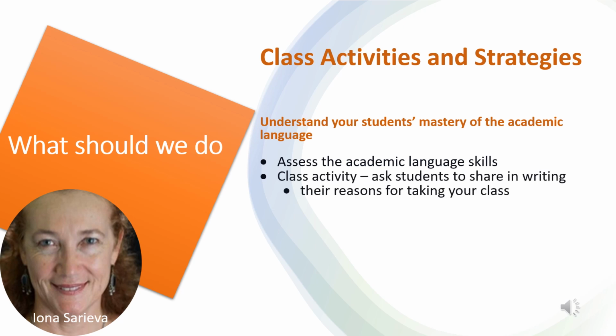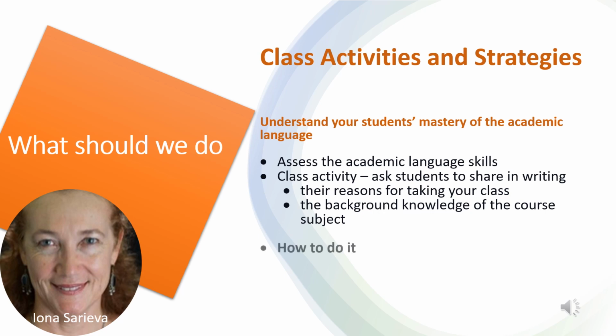To get a better grasp of your students' academic language proficiency, invite them to share in writing their reasons for taking your class and their background knowledge of the course subject. It is a good idea to do this in class and to time the writing. It might sound old-fashioned, but consider handwriting on index cards or a piece of paper.